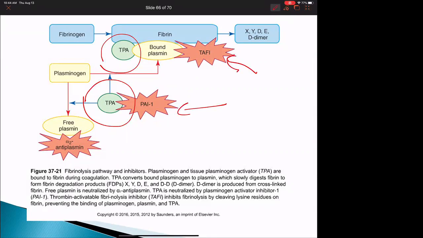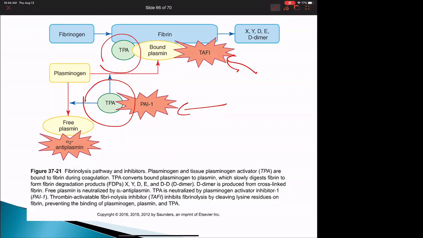All right, so plasminogen and tissue plasminogen activator, TPA, are bound to fibrin during coagulation.